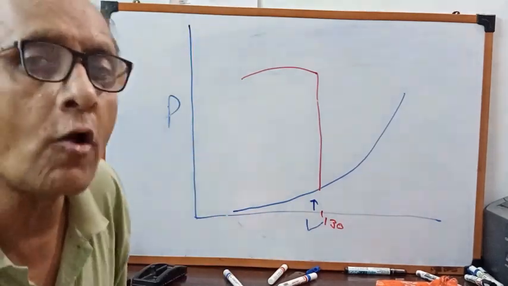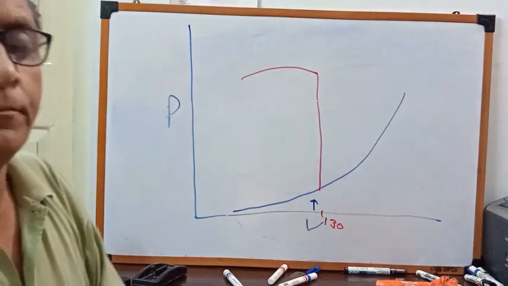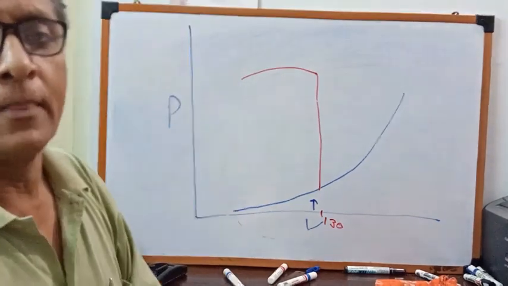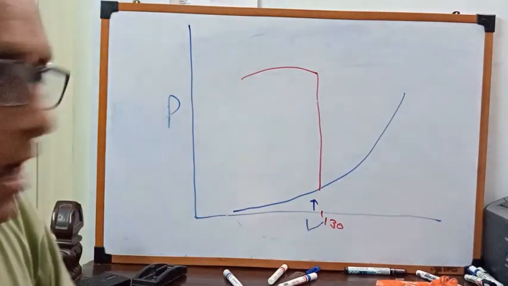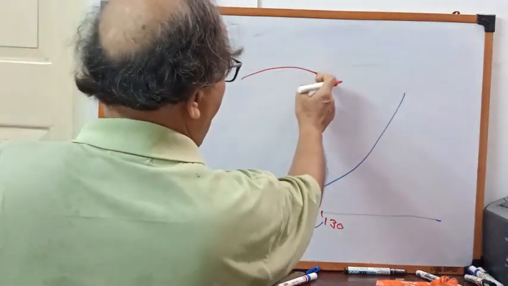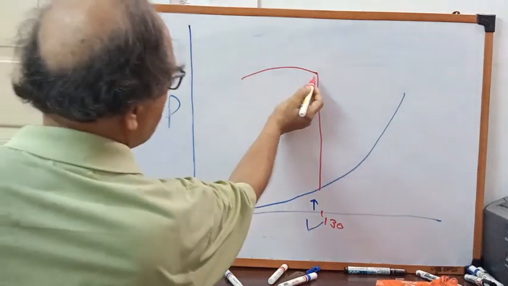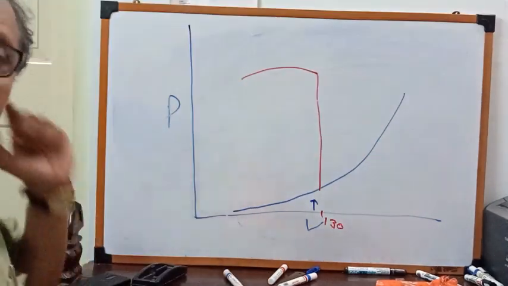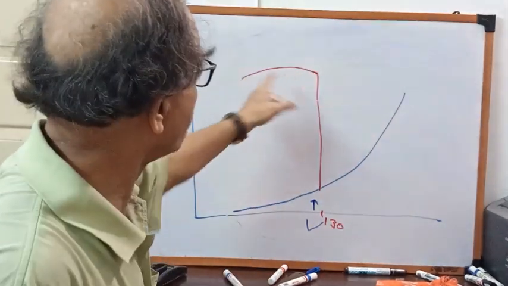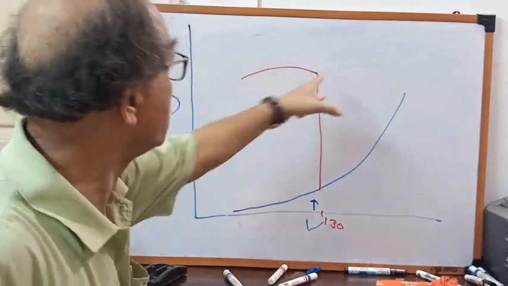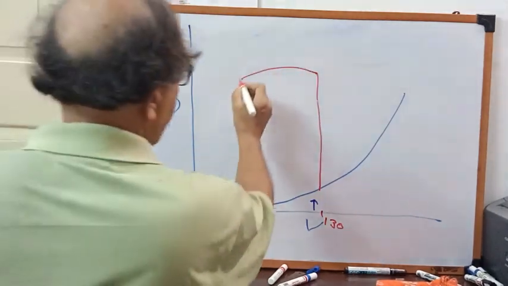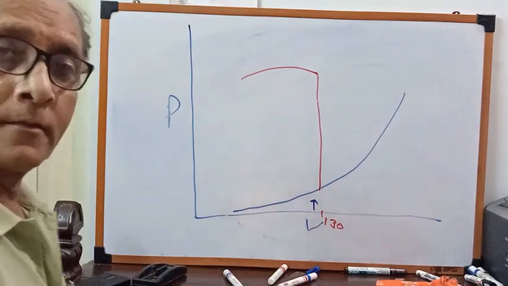Only there is an enormous increase in the intraventricular pressure like this, and when it overcomes the afterload, immediately the ejection will start. So this is exhibiting the ejection.